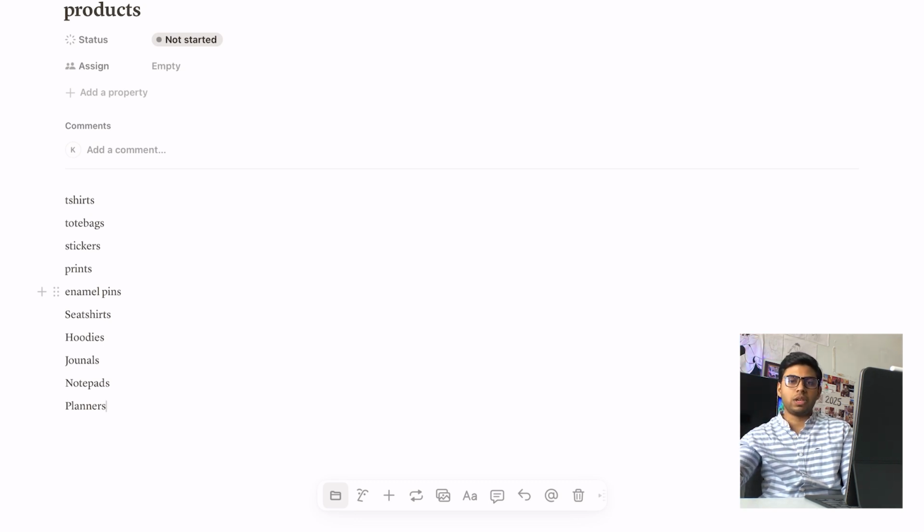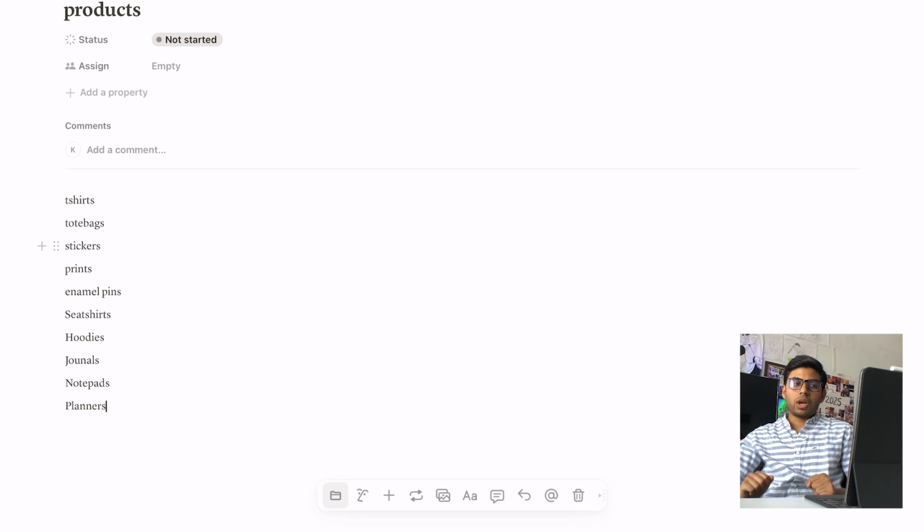As for the journals, I think journals are the best way possible out there to express yourself in a free space. And this brand is about dreams and feeling confident about your dreams. I think journals are also a great product, but I'm going to bump them for now because journals take a lot more investment, even more than sweatshirts.